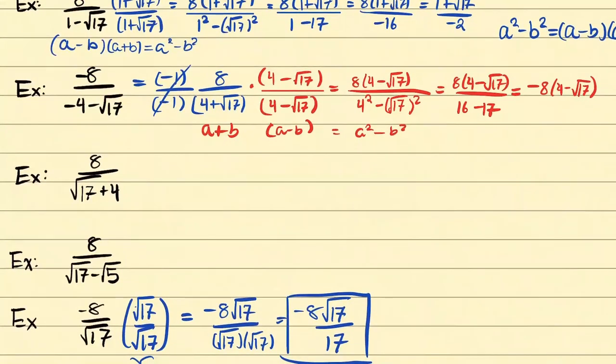What about this one? What should I multiply this guy by? Any suggestions?